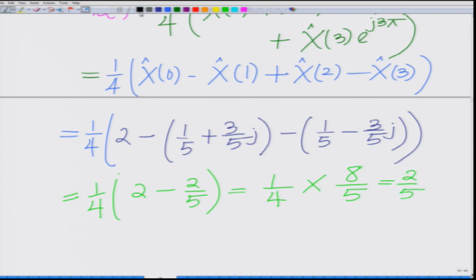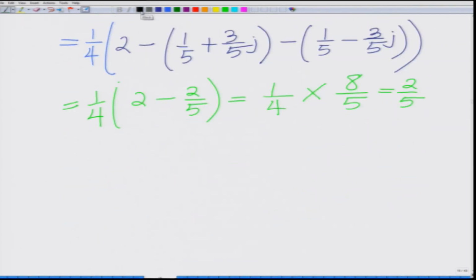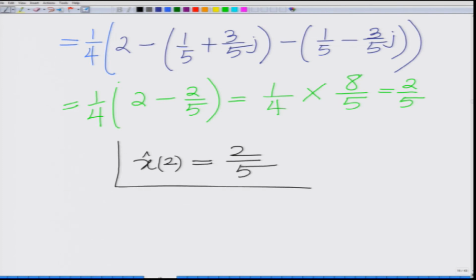Therefore, small x hat of 2, the estimate of symbol small x of 2, equals basically 2 by 5.